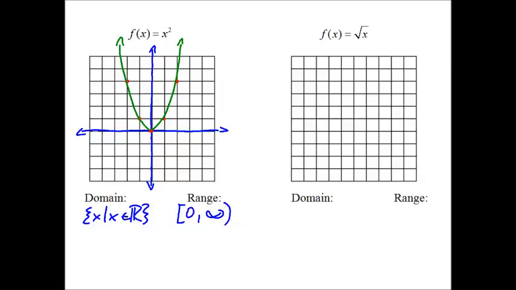Then let's think about what the graph of our square root function, and here we have the parent square root function, will possibly look like. The easiest way to get started is to create a table of values and think about what values are good values to start graphing.